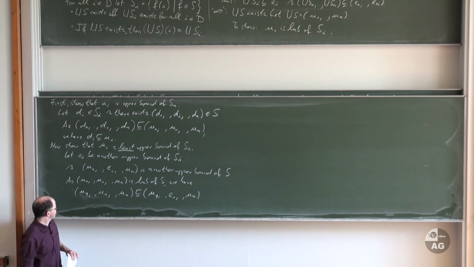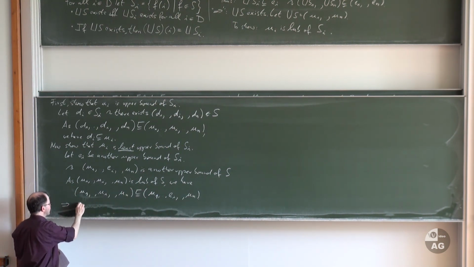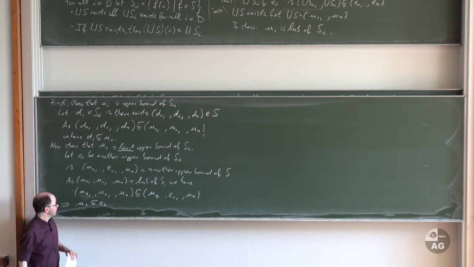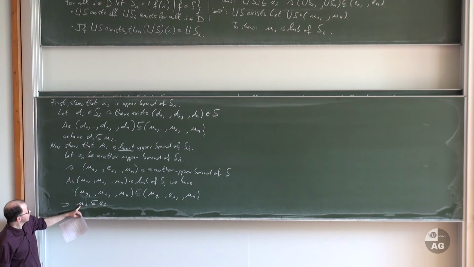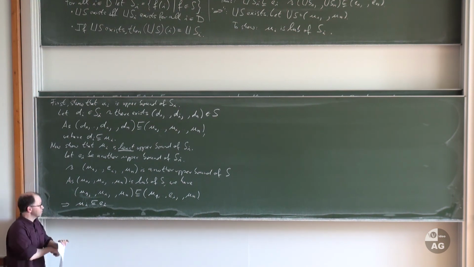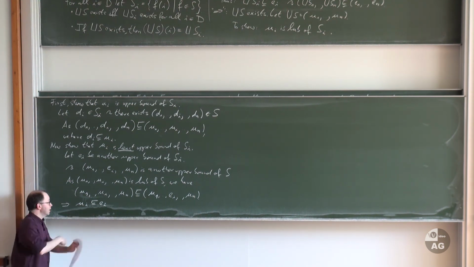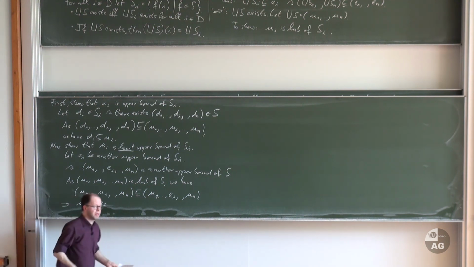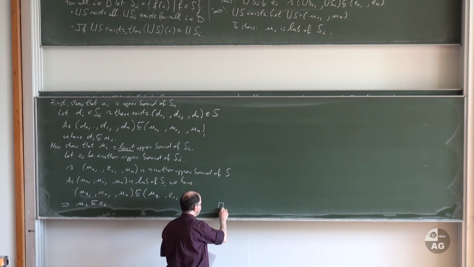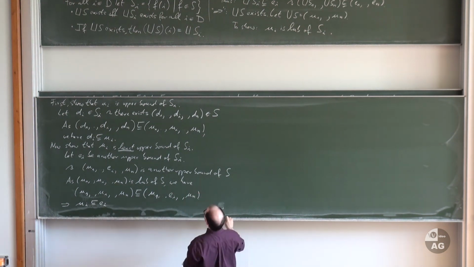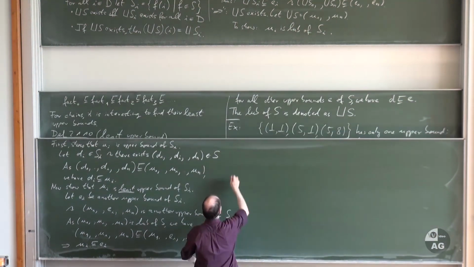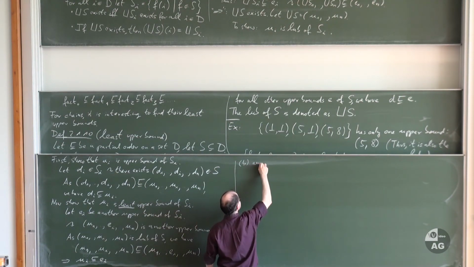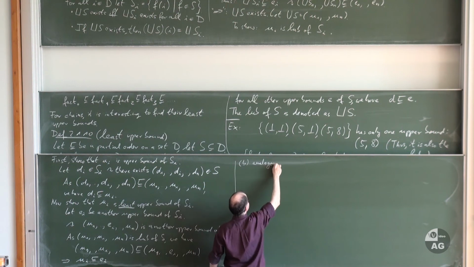And since this is defined component-wise, we obtain that UI is less than or equal to EI. And so this must really be the least upper bound of SI. It must be smaller or equal to any other upper bound of SI. So this is just playing around with the definition of least upper bounds. This was only the proof for part A, but the proof of part B is analogous to the one of part A.